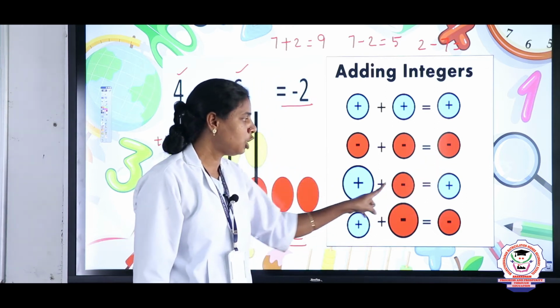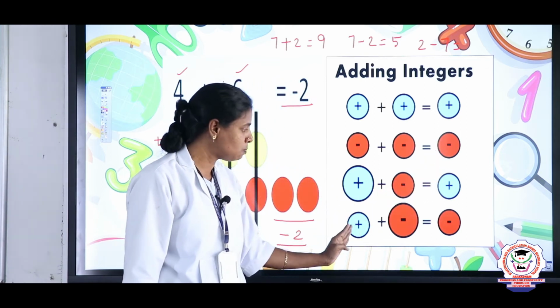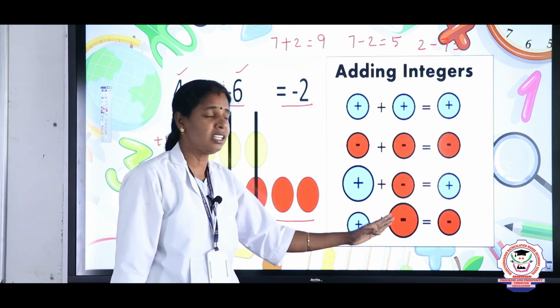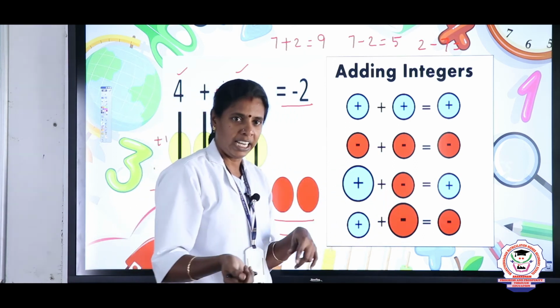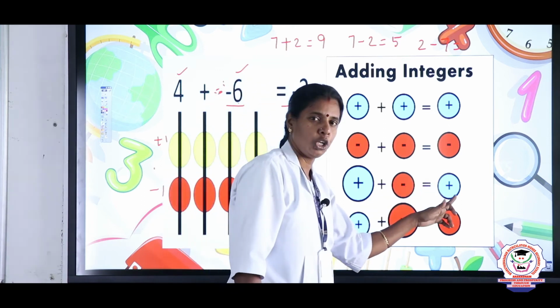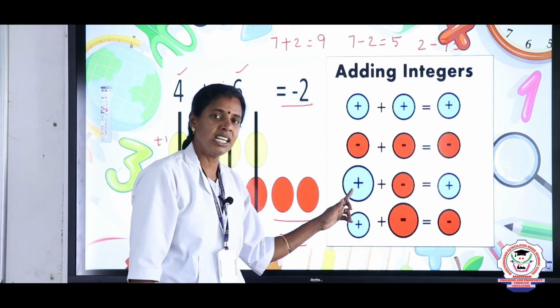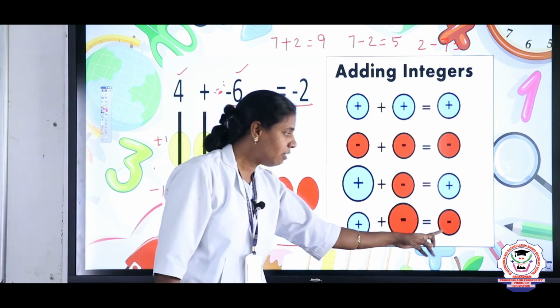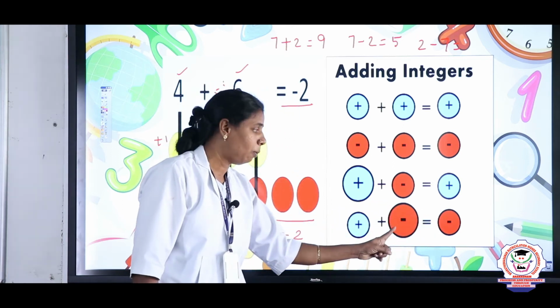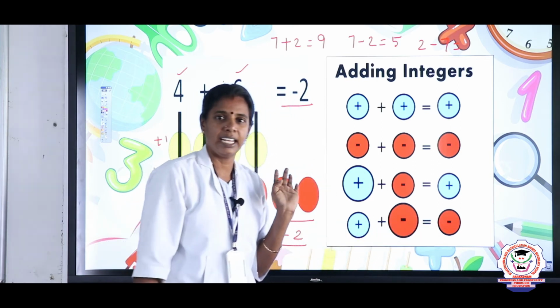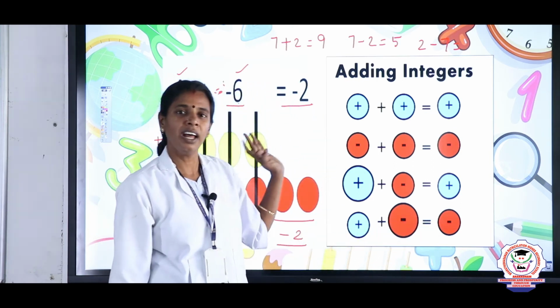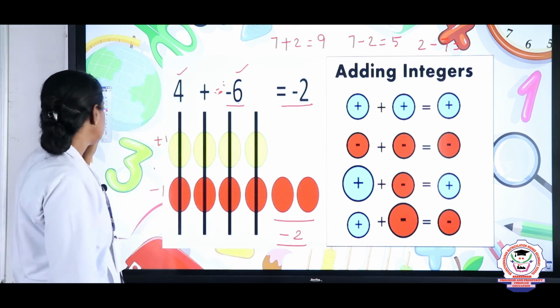When one is positive and one is negative, we need to subtract both the integers. The answer will be positive when the positive integer is greater, and the answer will be negative when the negative integer is greater. We will see these rules in the example sums now.